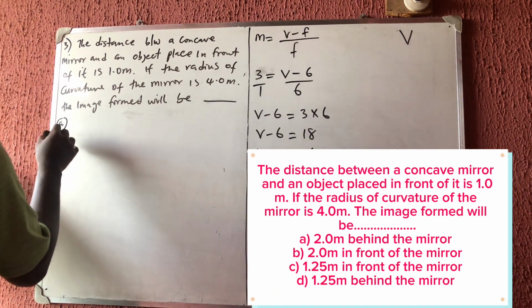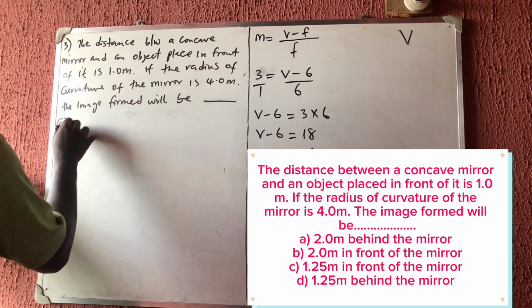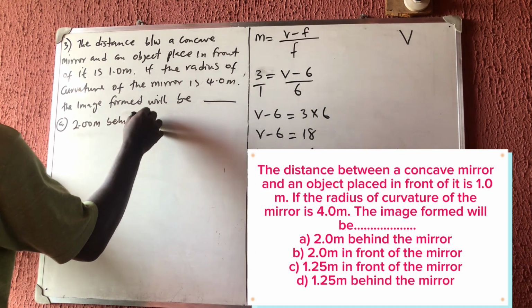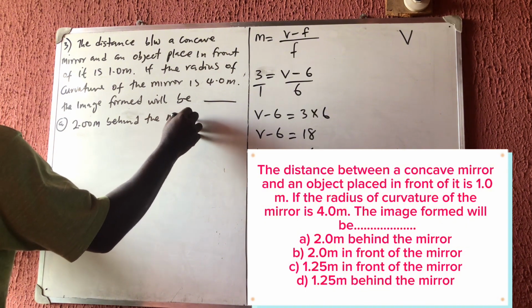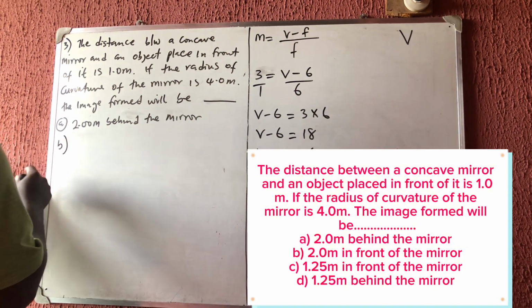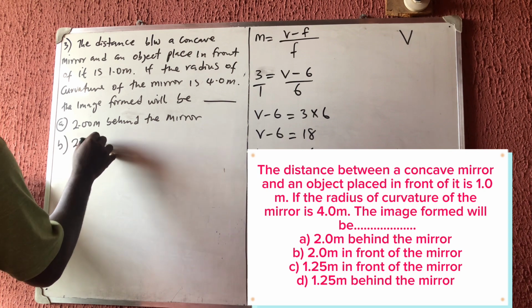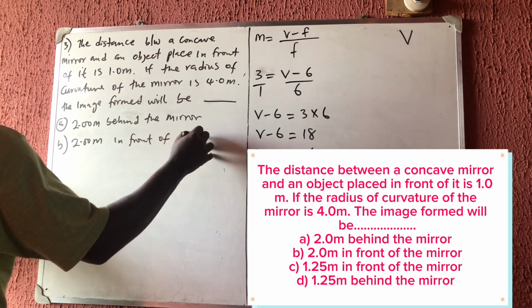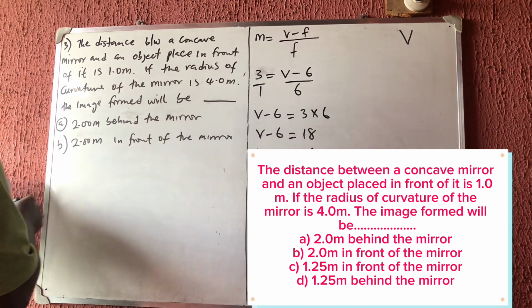Option A said 2.00 meter behind the mirror. Option B said 2.00 meter in front of the mirror.